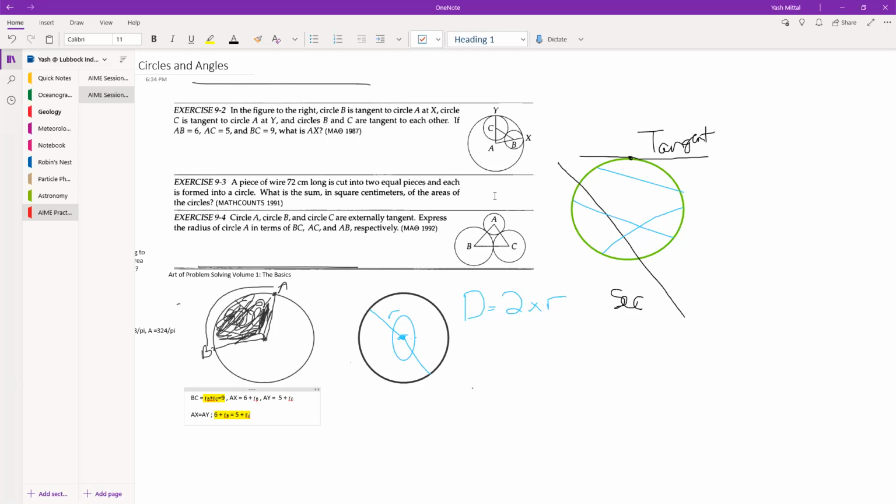I'm not sure if you guys have gotten to that part in Algebra 2. I want you to solve for RB, the radius of B.